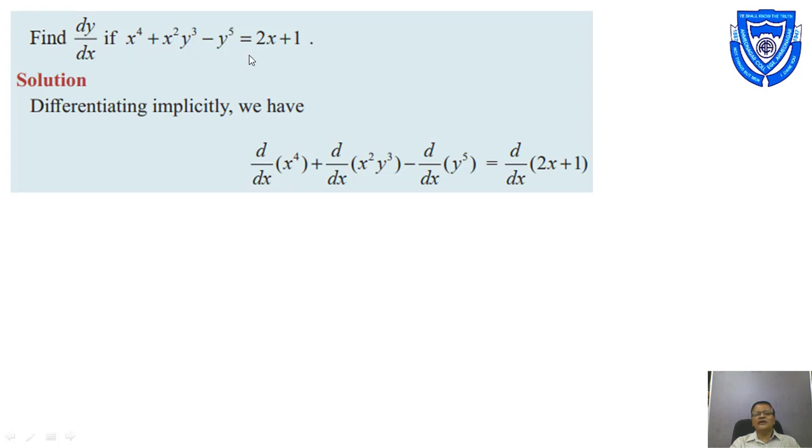First we use the addition and subtraction rule and write this with separate derivatives. Now in the second term we have a product of x square and y cube, so we must use the product rule.